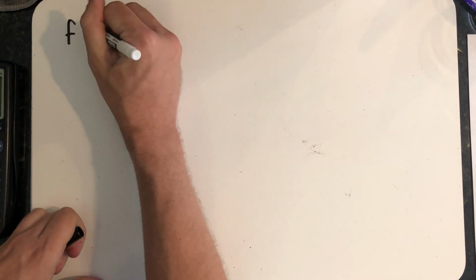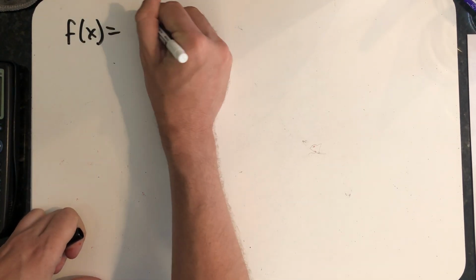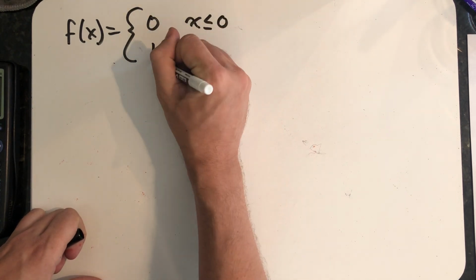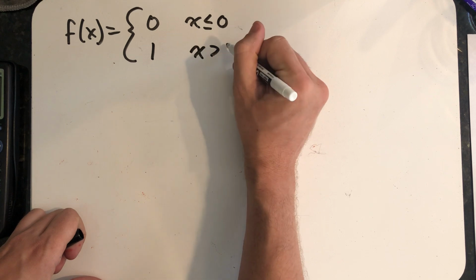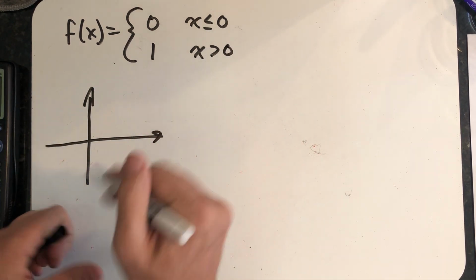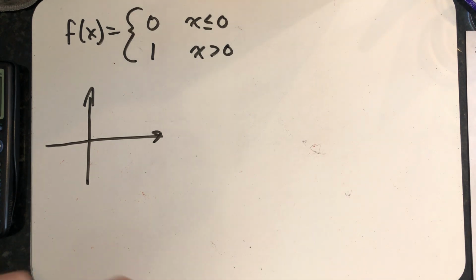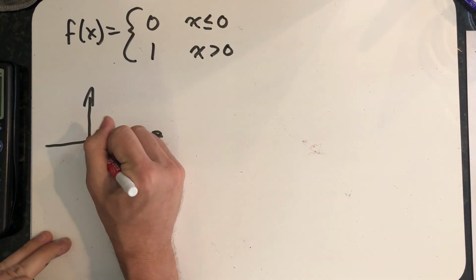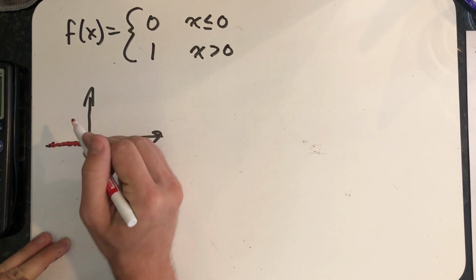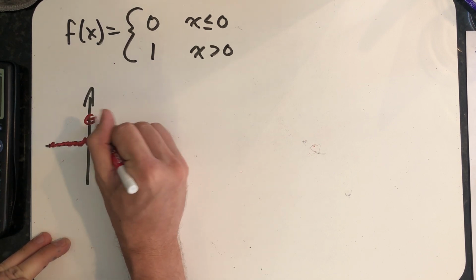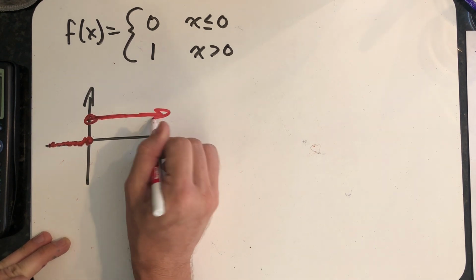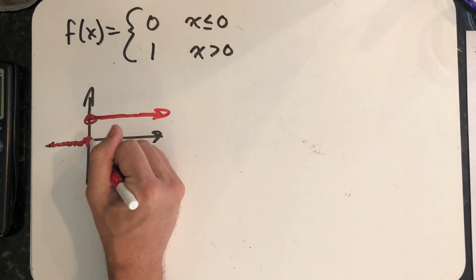If I just take a very simple piecewise defined function, this is called a unit step function. When x is less than or equal to 0, I get out 0. And at x is 0, I hop up and all the values bigger than that, the y values are all 1.